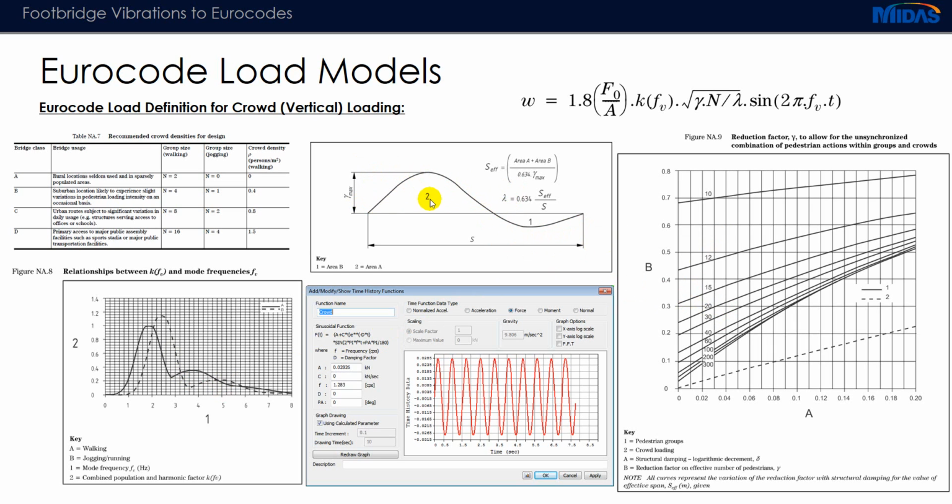So what we do here is we first calculate the effective span that is participating in the vibration frequency, let's say in the first mode of vertical vibration for a continuous structure. For a simply supported structure, it is straightforward: the effective span is equal to the net span. But for a continuous structure, we find the areas for each mode shape.